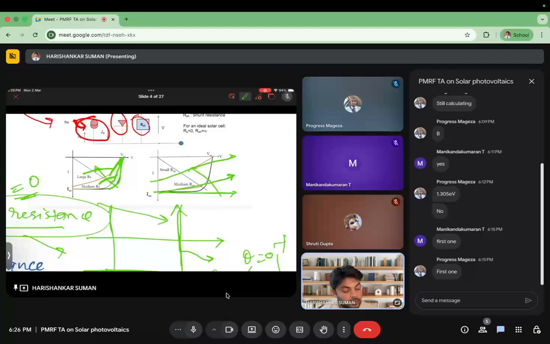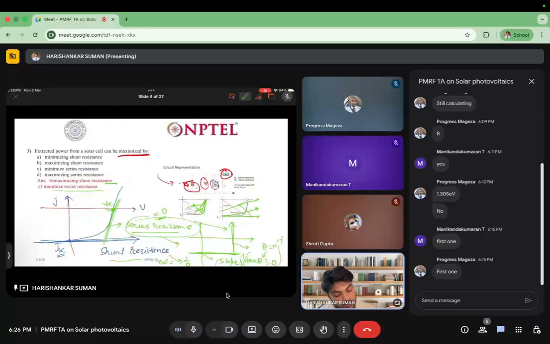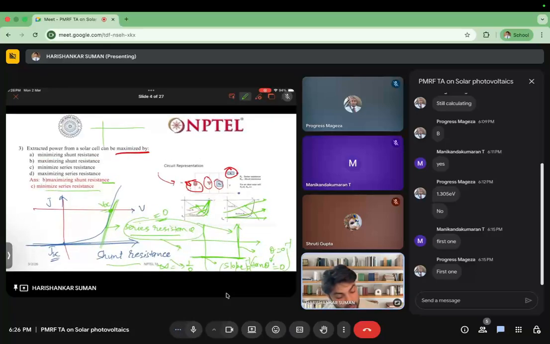So let's say you have a first curve like that and another curve like that. Wait, this is not proper. This is the original, but let's say you have a curve like that.